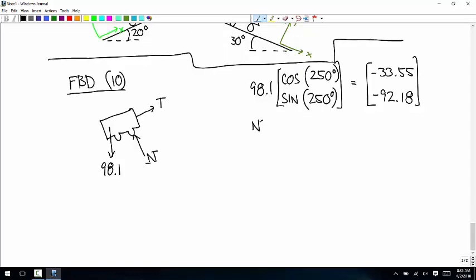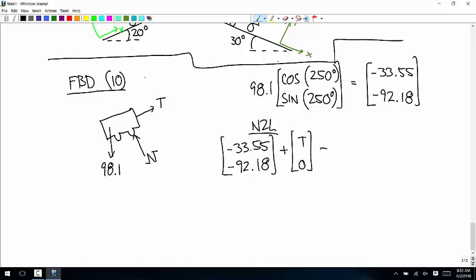Okay, so Newton's second law says negative 33.55, negative 92.18, plus T, 0, plus 0, N. It wouldn't be true if this was a friction problem, because then you'd need the y component to calculate the normal.